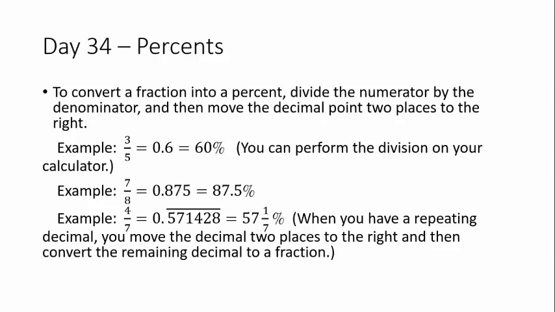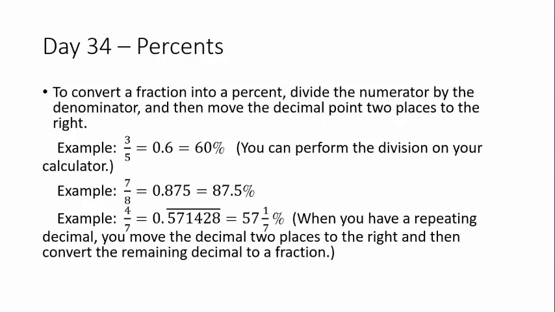The next example, 4/7, gives us a repeating decimal. This is a little more challenging whenever you go to write the percent. You'll notice on the calculator display that you get 0.571428 repeating. When you move the decimal 2 places to the right, the decimal will now be between the 7 and the 1.